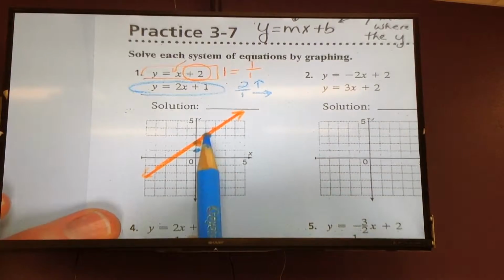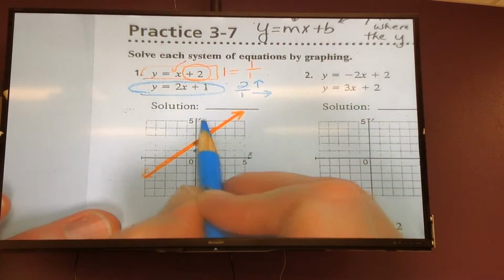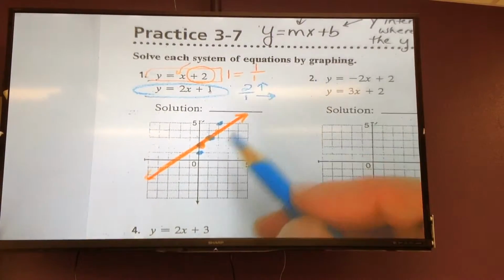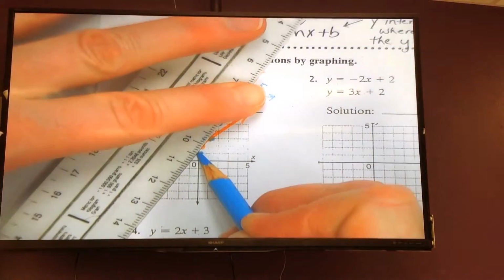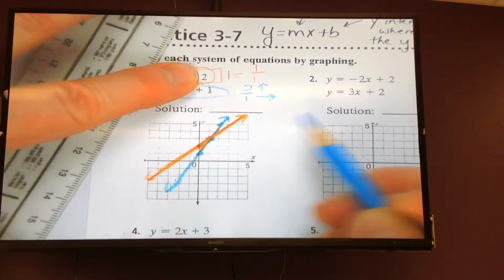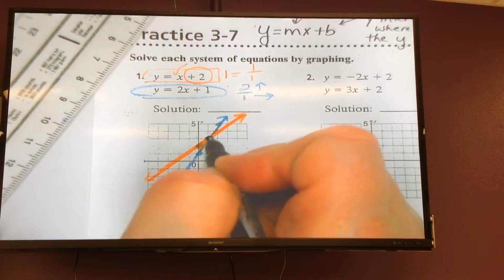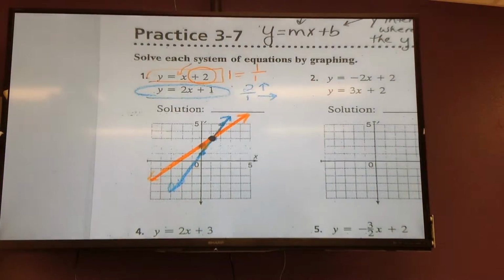And there you can already see where these two lines are intersecting, right at that dot. And then if I connect those dots, there's my other line. And as I said before, we could already see where the two lines intersect. So that is the solution for these two equations.